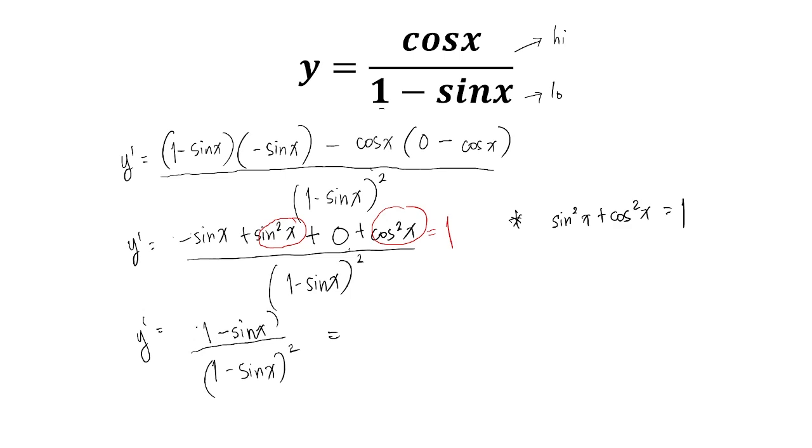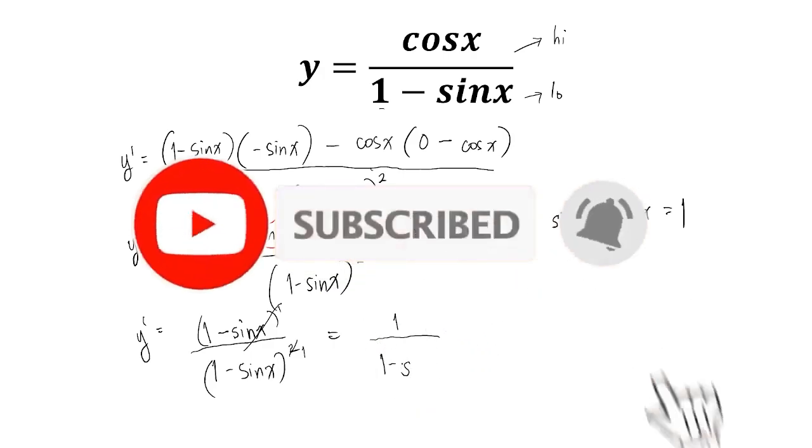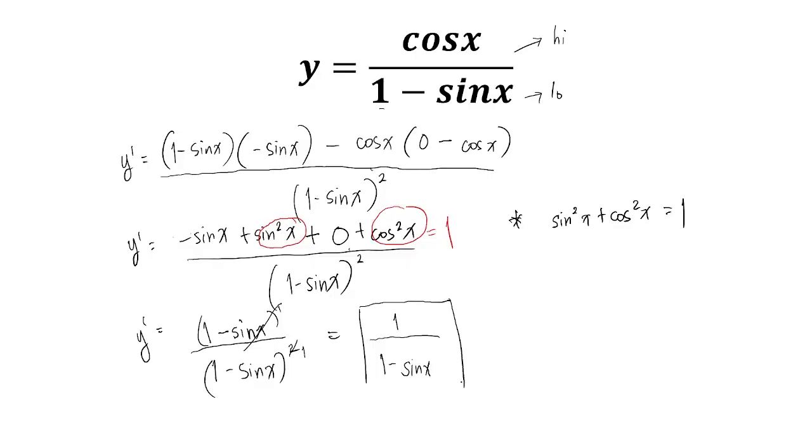We can further simplify this equation, then same base but different exponent. Natitira sa taas, that's 1, and then matitira sa ilalim, 1 minus sine x. So, we can cancel 1 minus sine x sa taas, and then isang 1 minus sine x sa baba. Therefore, that is your answer.